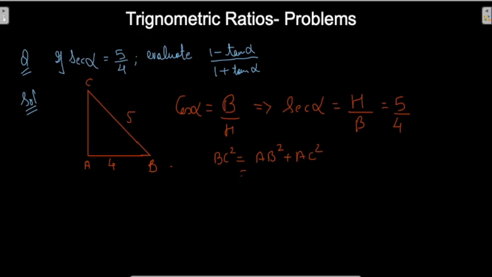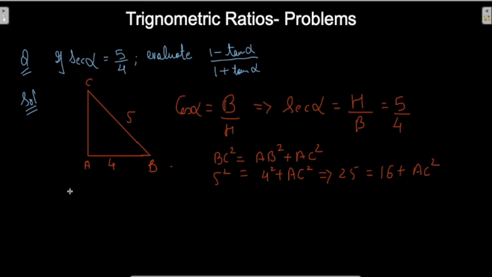Now the value of AB is given to us, which is 4. It becomes square of 4 plus AC square, which is what you have to find. And what is BC square? It is square of 5, which makes it equal to 25 is equal to 16 plus AC square.